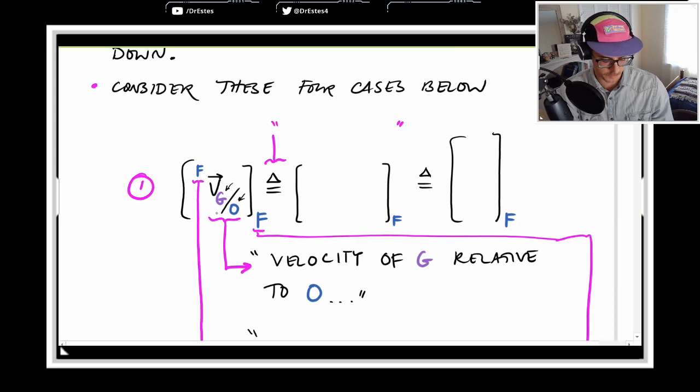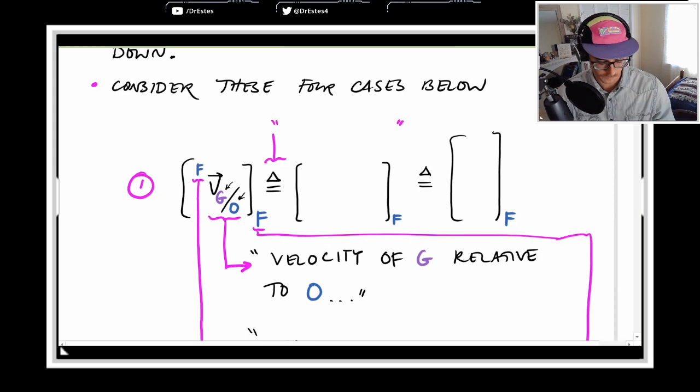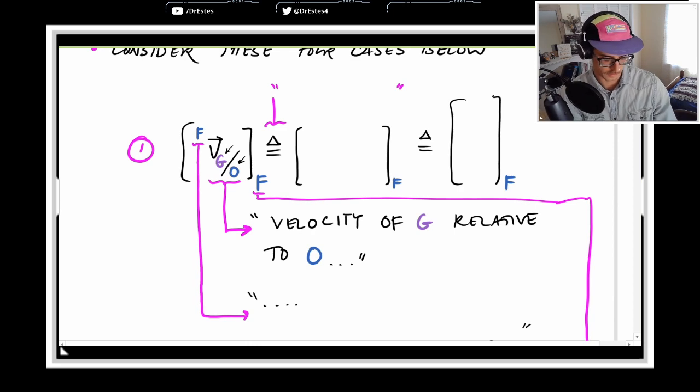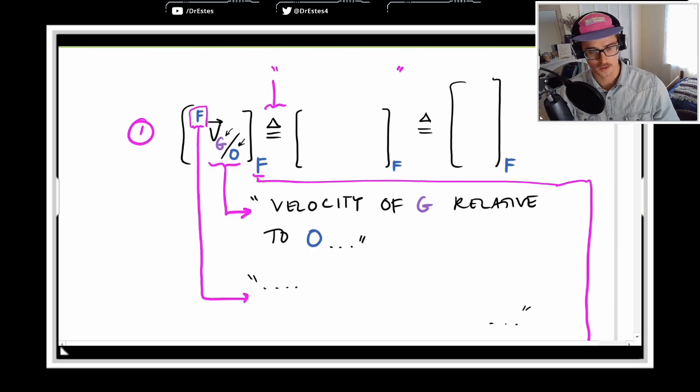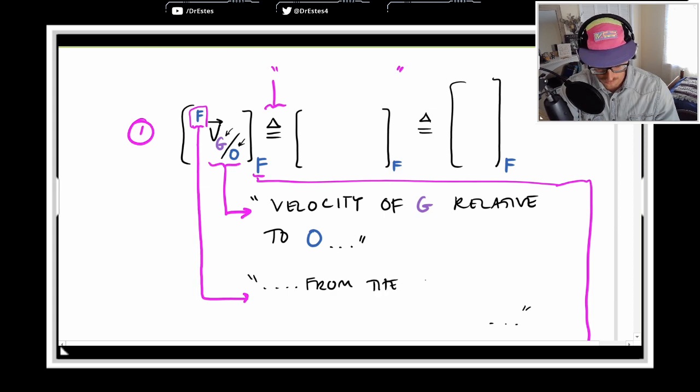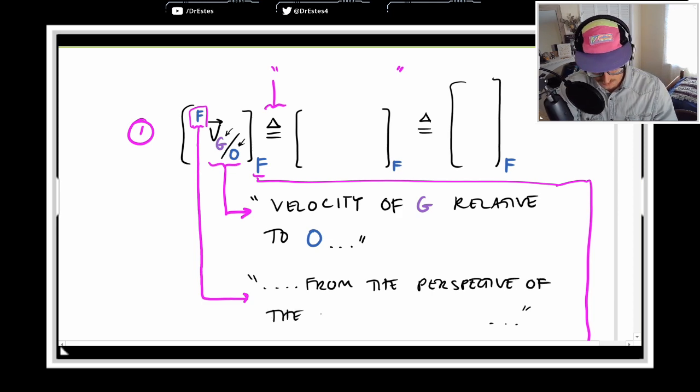So that's what this part means in here. But let's start talking about this superscript right here that appears in front. That tells you from whose perspective this velocity is interpreted. So this is saying this is the velocity of g relative to O, but the superscript is telling you it's from the perspective of the fixed frame.